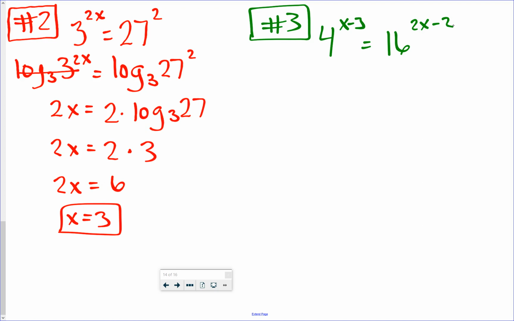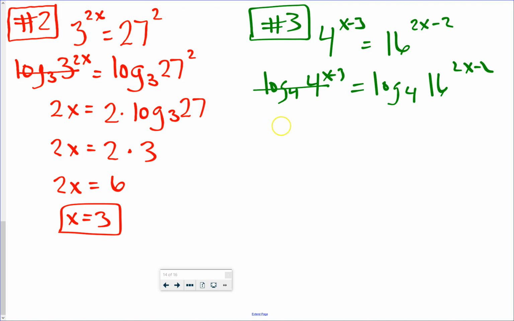I'm going to pick log 4, personally. What you cannot do is log 4 on this side, and then a log 16 on this side. You really want to, but you cannot do that. They have to either both be base 4 or both be a base of 16. I'm going to make them both be a base of 4.